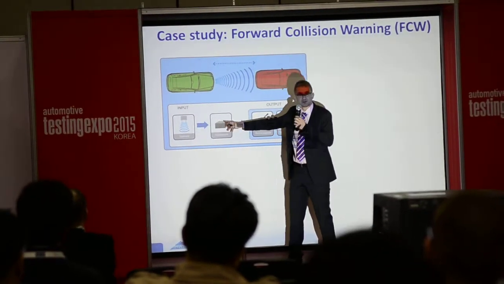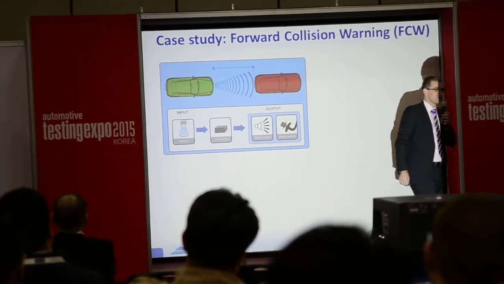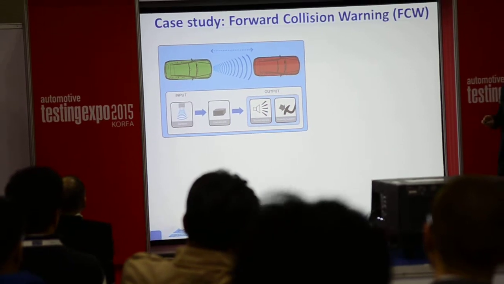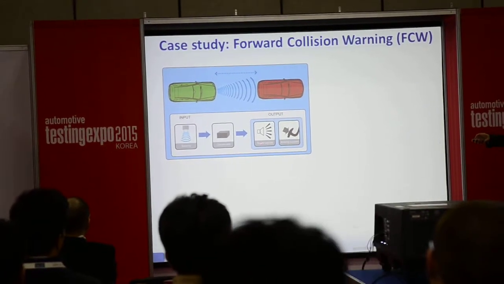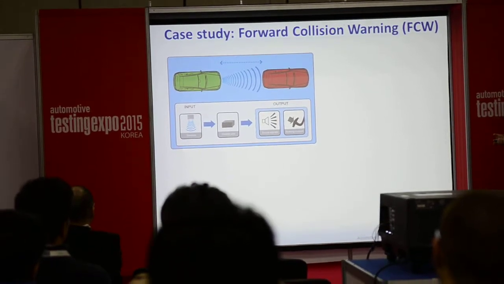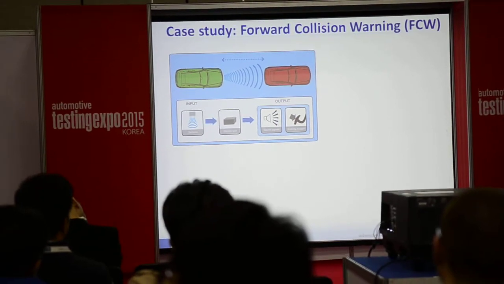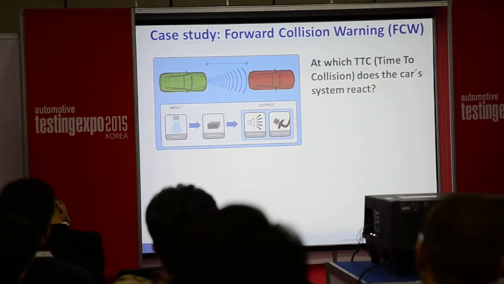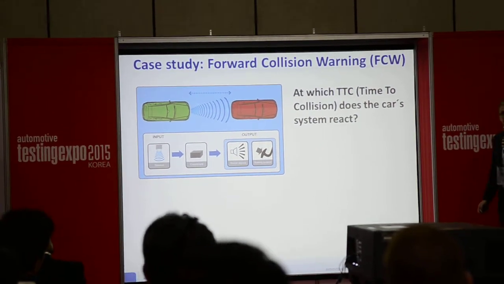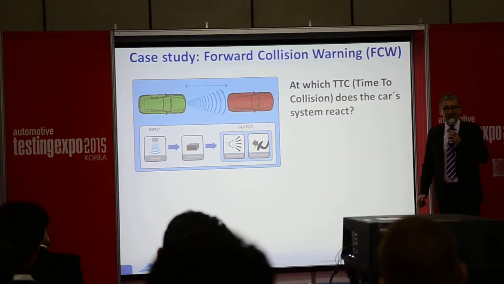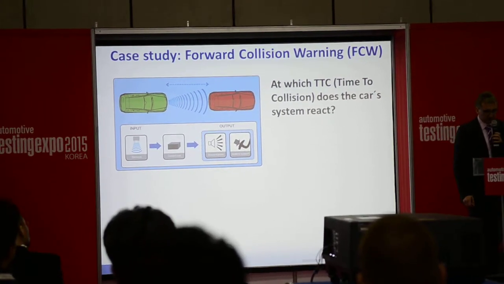Then take this sensor information into the ECU, do an analysis in the ECU, and then if there is a potential danger, warn the driver. By example, a gong, some optic information, or some haptic information. The major task for the testing system is to determine the TTC. This is the time to collision when these systems are reacting in the car.